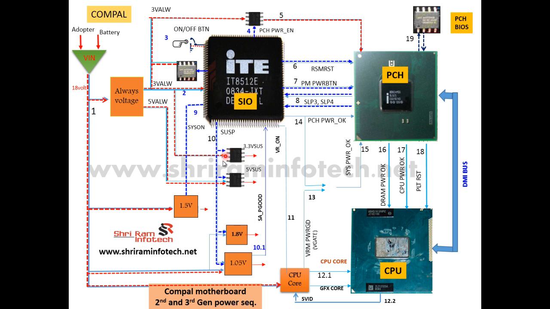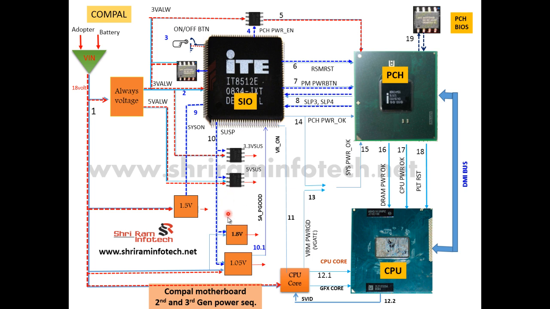Firstly, it triggers this MOSFET gate and passes this voltage to this side, that side, another side, and this 3 volt becomes 3 volt suspend and goes to the entire motherboard. This 5 volt becomes 5 volt suspend and goes to the entire motherboard, like the hard disk, DVD writer, fan, everywhere it goes to the outside.